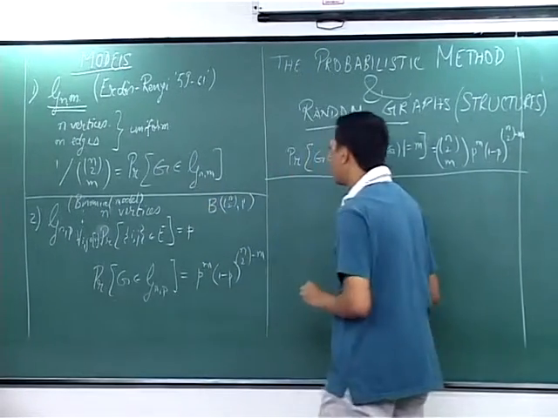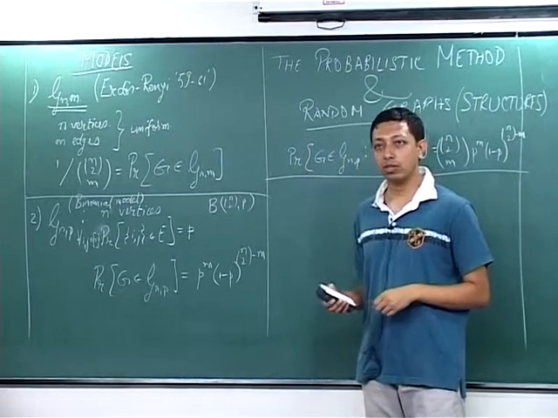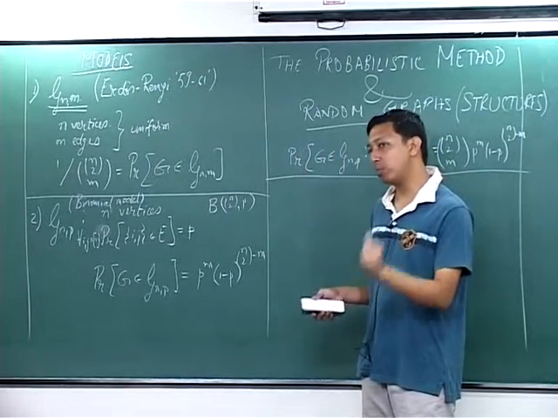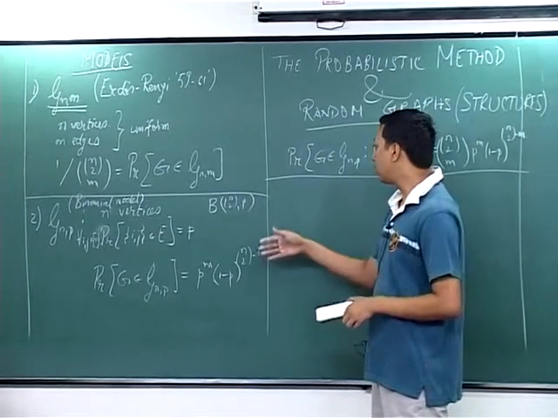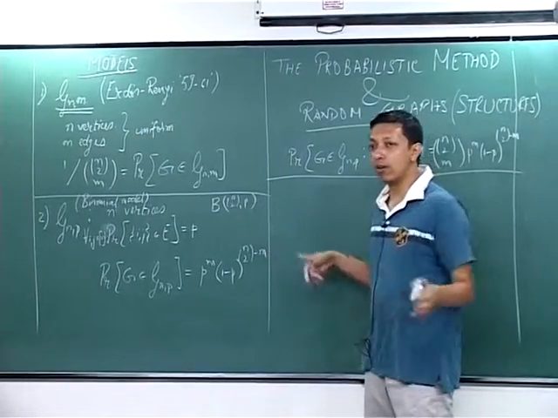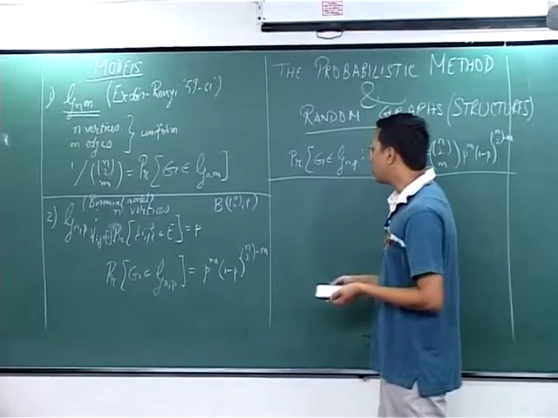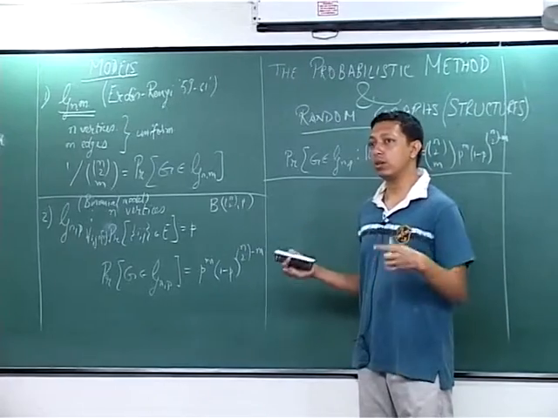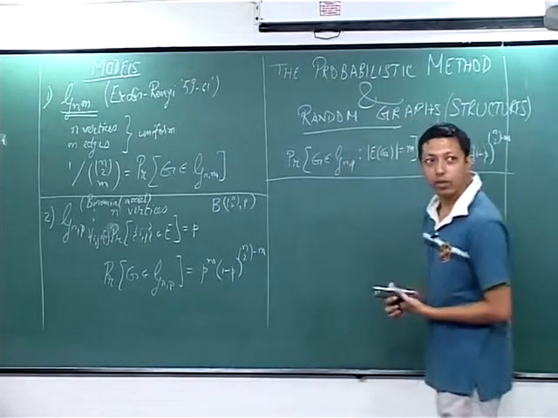You have a coin with bias p, you toss it n choose 2 times, and based on the results of these n choose 2 tosses you get your graph. So what is the distribution of this experiment? It's exactly binomial n choose 2 comma p, right.